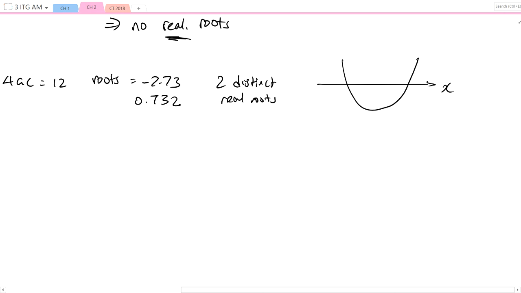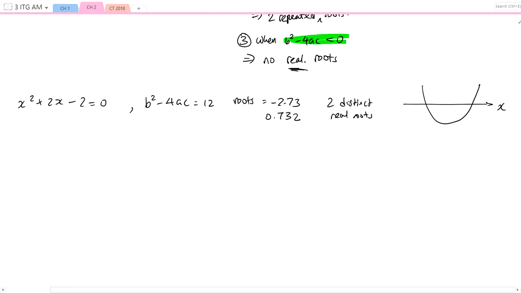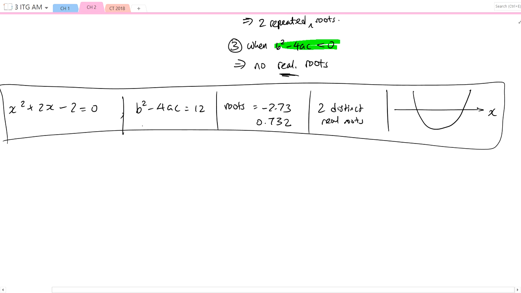And they ask you to sketch the curve. This is our x-axis. Now, do you know what all these mean? This first line, the example given in your textbook. The first part is simply an equation. The second one, b squared minus 4ac.